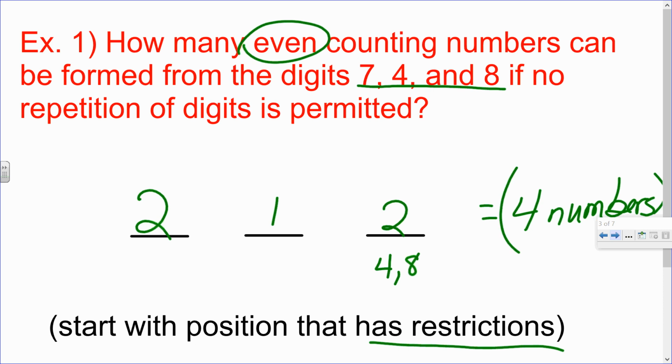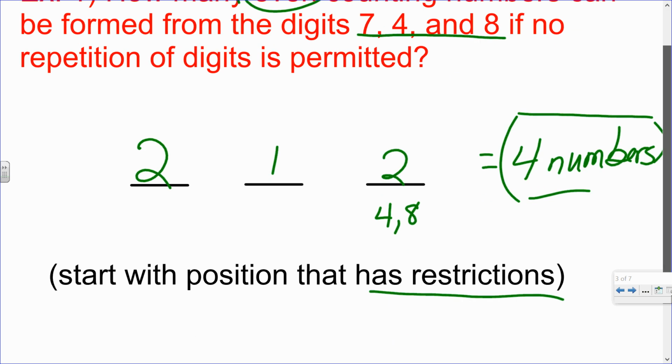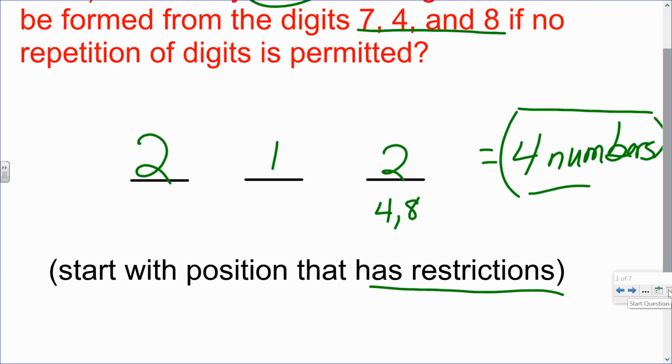And since I know that this comes out to be such a small answer, only 4, let's actually write them out so we can see, oh yeah, that made sense. That is indeed how many we get. So let's see. I could start with 700 something, right? If I have 7 as the first one, let's see, 748 would be even. I could have 7 as the first one, 784 would be even.